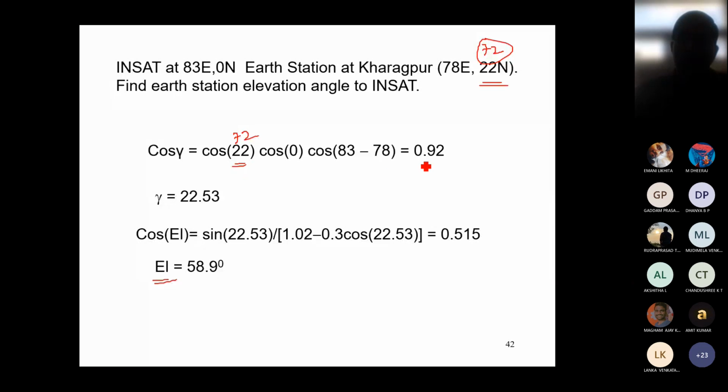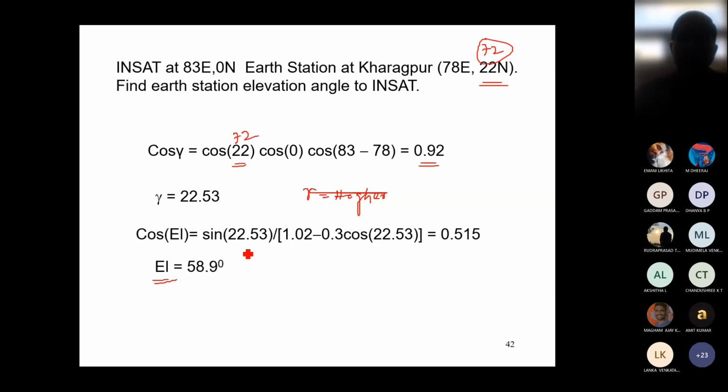So the result of cos gamma will be less. Once cos gamma is less, gamma will be higher, so you will have a higher value of gamma.